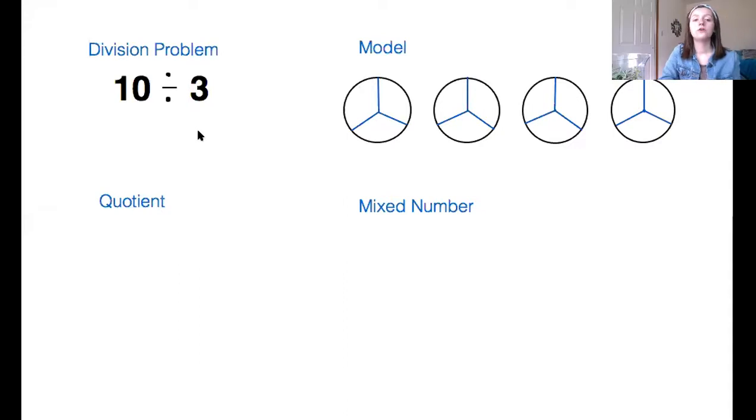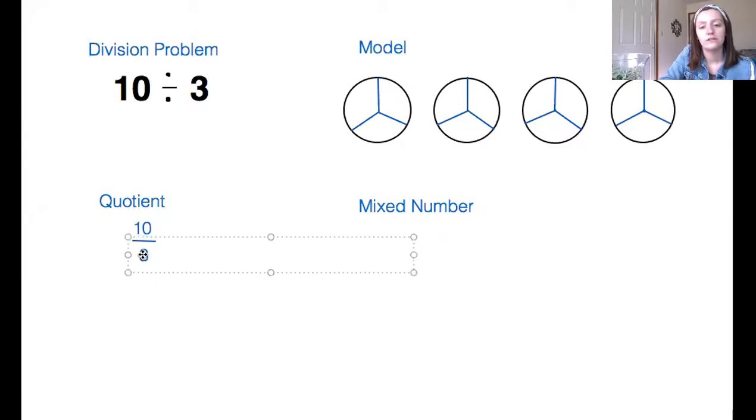The way that we would write this as a quotient or a fraction would be 10 over 3. So as a fraction, 10 divided by 3 is modeled as 10 over 3 or 10 thirds.